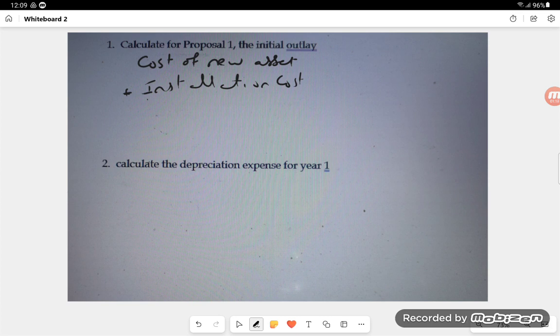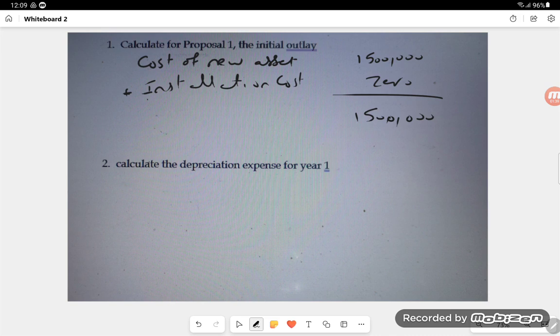And as this is expansion, there isn't any replacement going to be made. Okay, so the cost of new asset is 1,500,000, and there is no installation cost as mentioned in the example. So this is the initial outlay, 1,500,000.